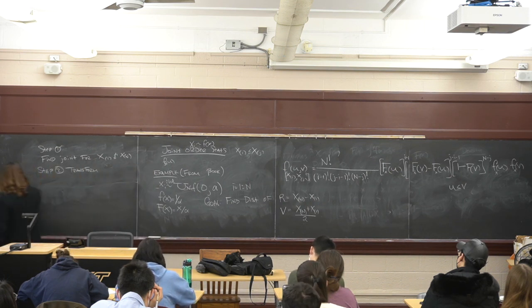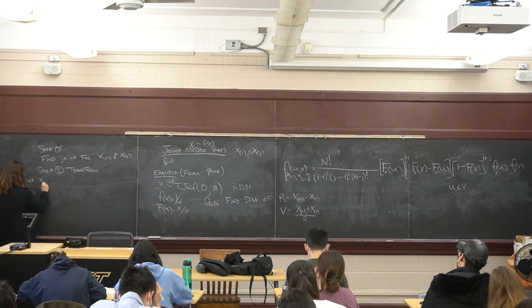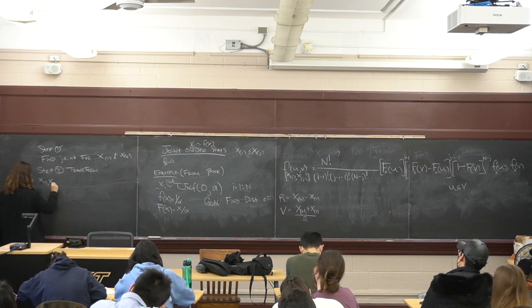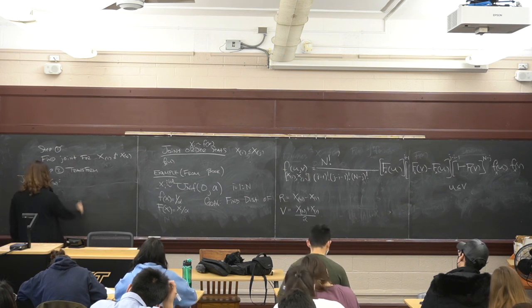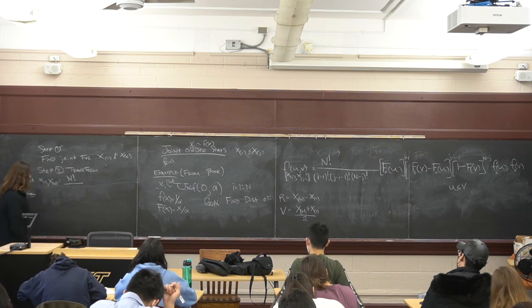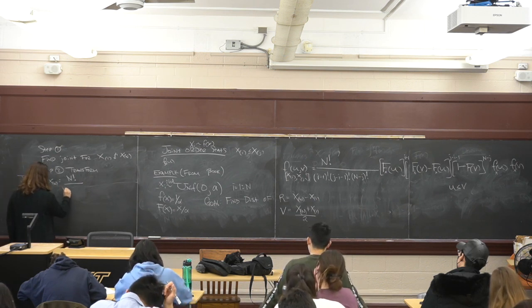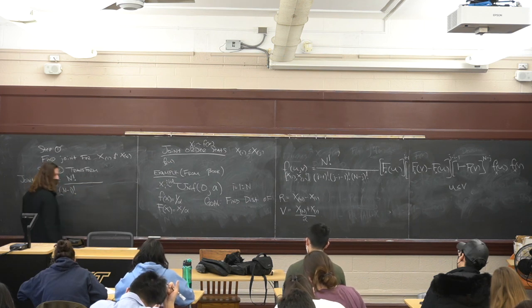Joint for x1 and xn, this is just going to be n factorial. I'm going to have n minus 1 factorial, that's my n minus i.